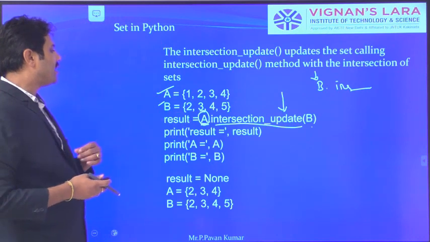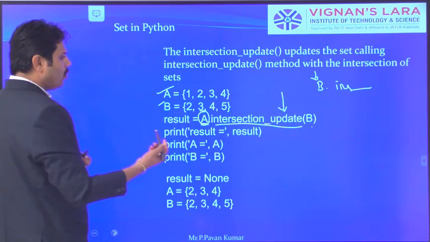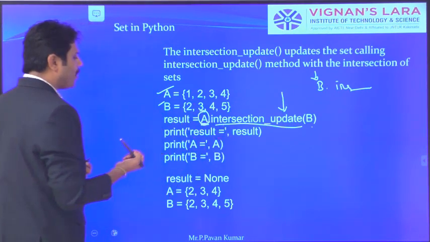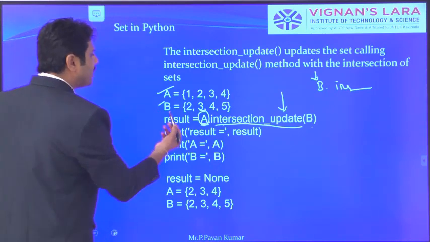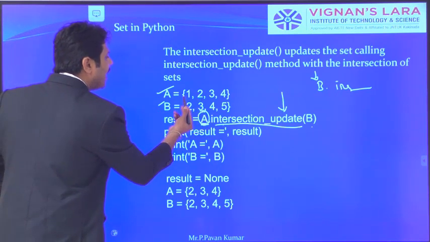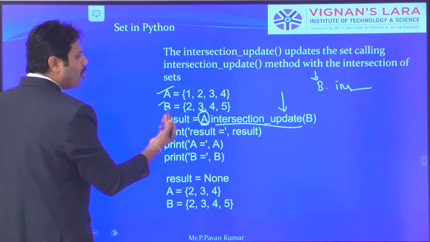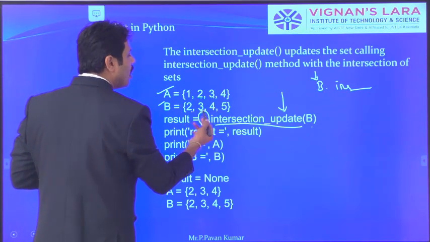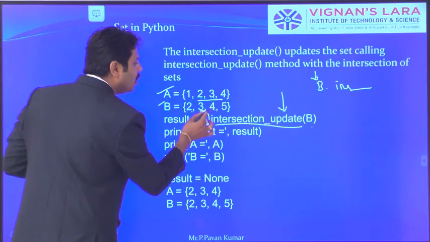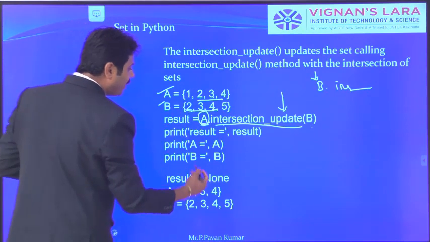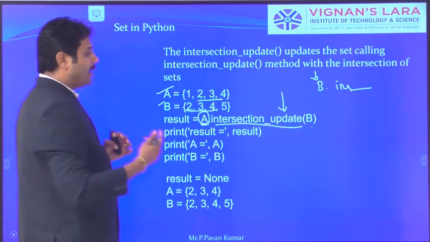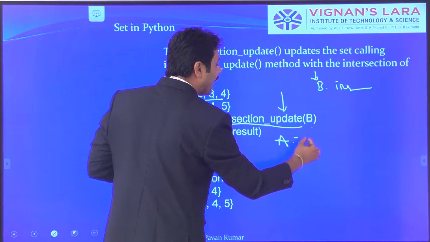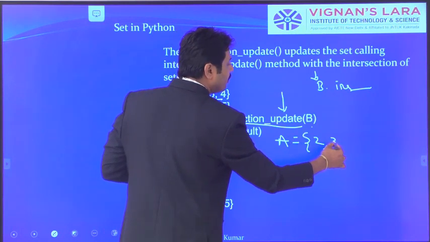Next, if you write like this, what happens? If you use the intersection operation, the common elements in A and B are filtered. What are the common elements? 2, 3 and 4 are the common elements in both sets, and they are updated in A. Now A contains 2, 3, 4.